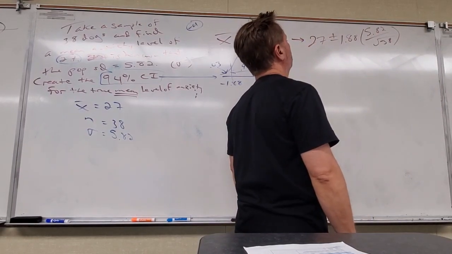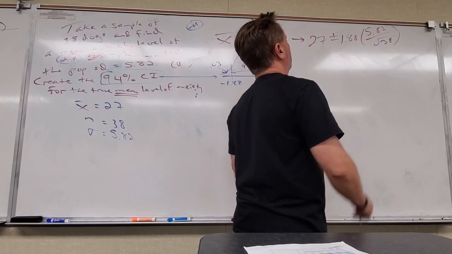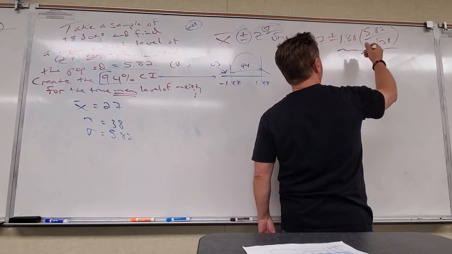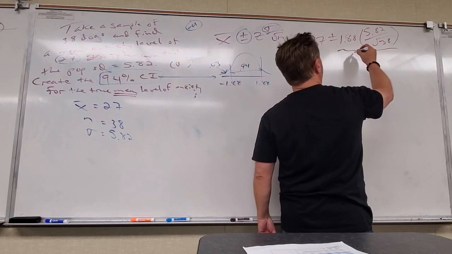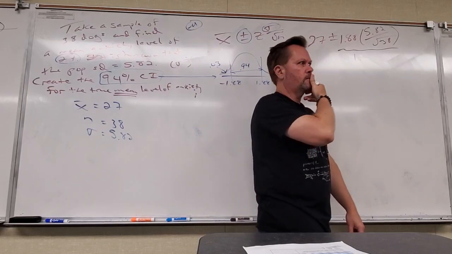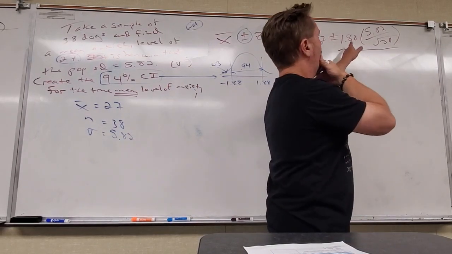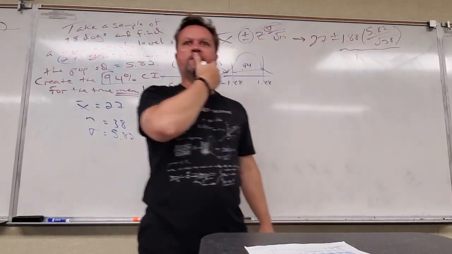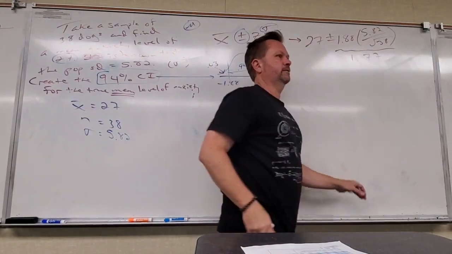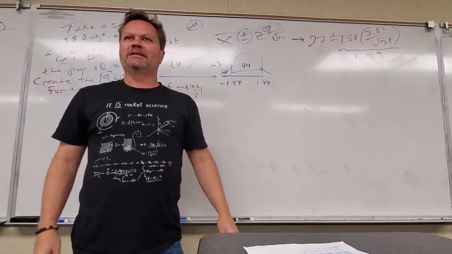You gonna try to do it in your head? Yeah. 1.25, no, tell me what the error is. I think it's 1.7 something. What is the error? Really? 1.77, I like it. Every now and again, I get lucky.